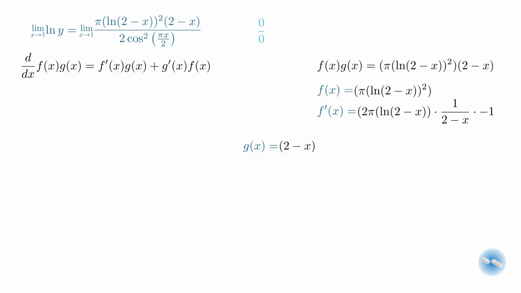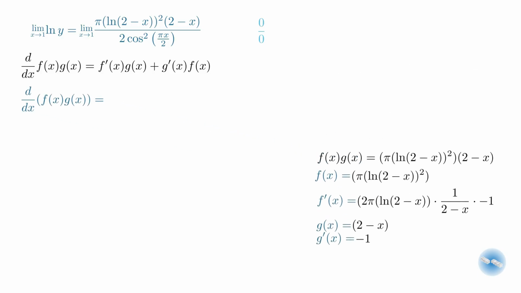We take the second function g of x and get its derivative. Now using the structure of the product rule, we bring every expression into place.